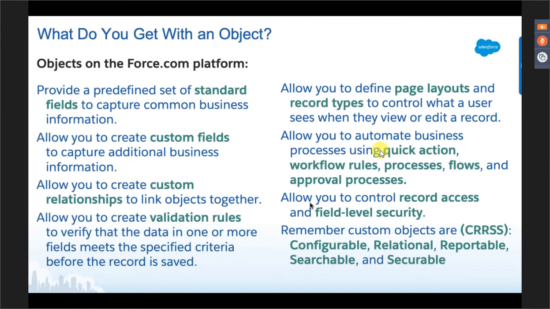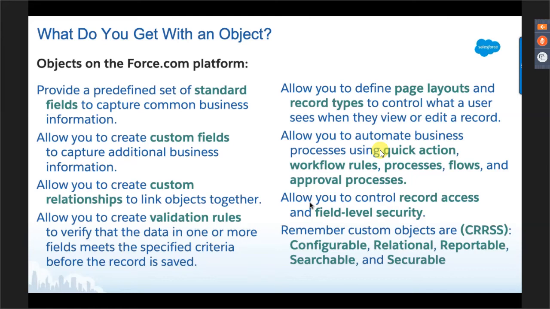They come with the ability to build automations associated to them, like workflow or processes or flows. They come with sections that you could build validation rules on. And some validations are already pre-built with mandatory, or what we call required fields. When you work with a custom object, know that it's not just a table of data. It comes with all sorts of functionality.